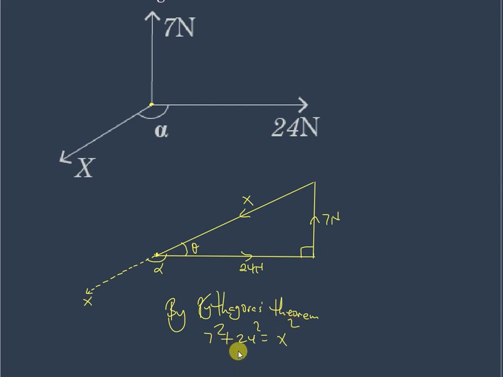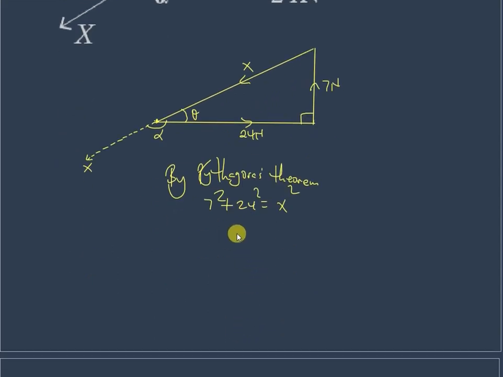So we have that x squared is equal to 49 plus 576, which gives x squared equal to 625, such that x itself is 25 Newton.